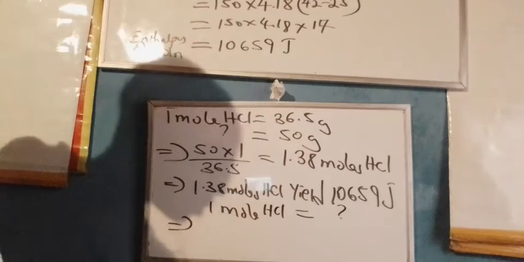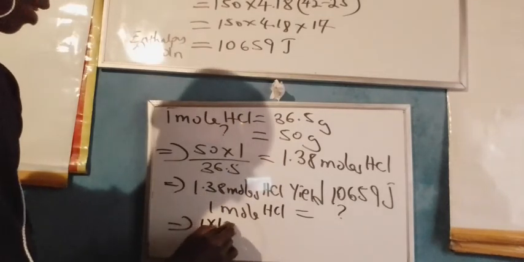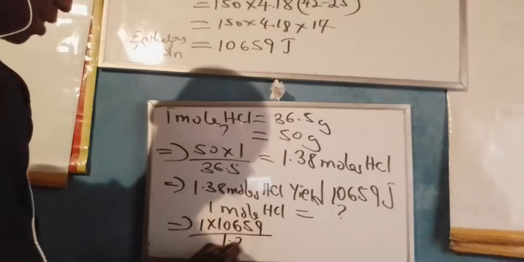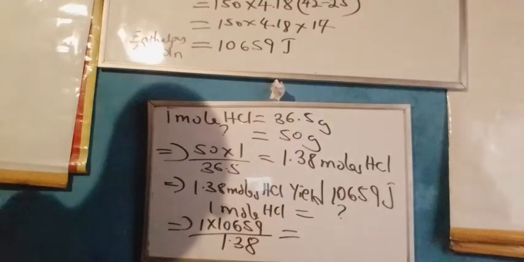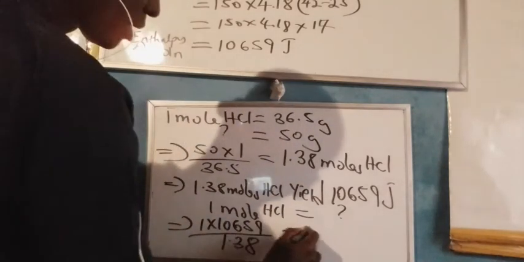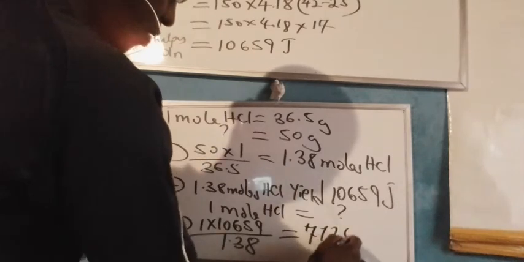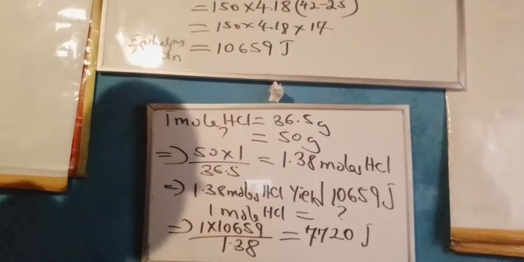By cross multiplication, there we have 1 times 10,659 over 1.38. And when you do that computation, what we get is 7,720 joules. We need to confirm that.